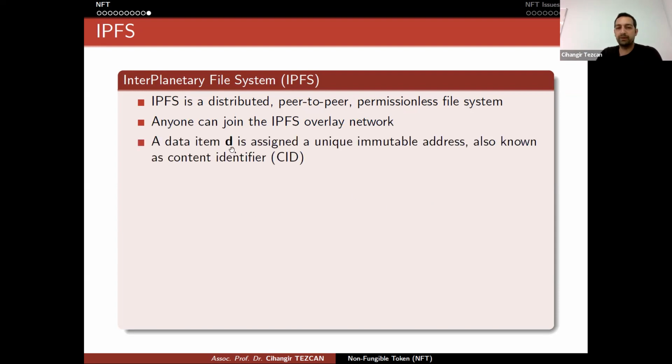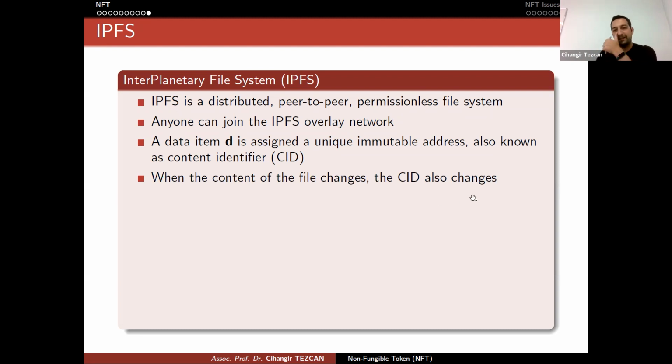So whenever you have a data called D, it is assigned a unique immutable address, also known as content identifier, CID. So you upload your image, and after some hash calculations, this CID is calculated, but it is not the exact hash of the image. And at the end of our NFT issues, I will talk more about this. So when the content of the file changes, the CID also changes.